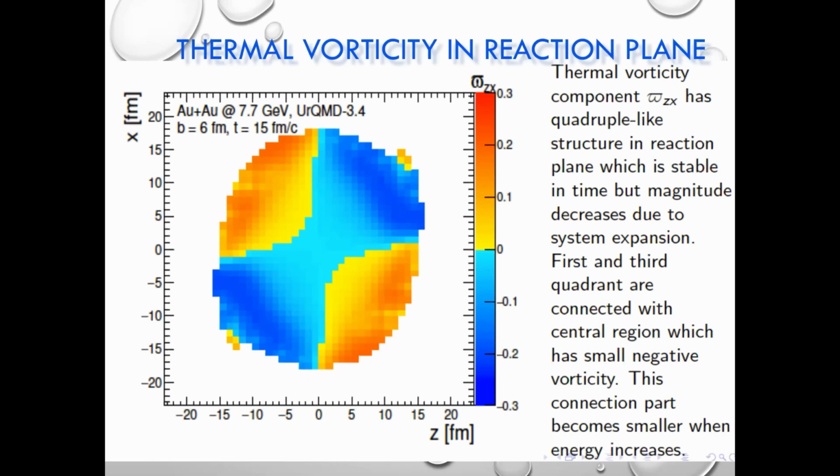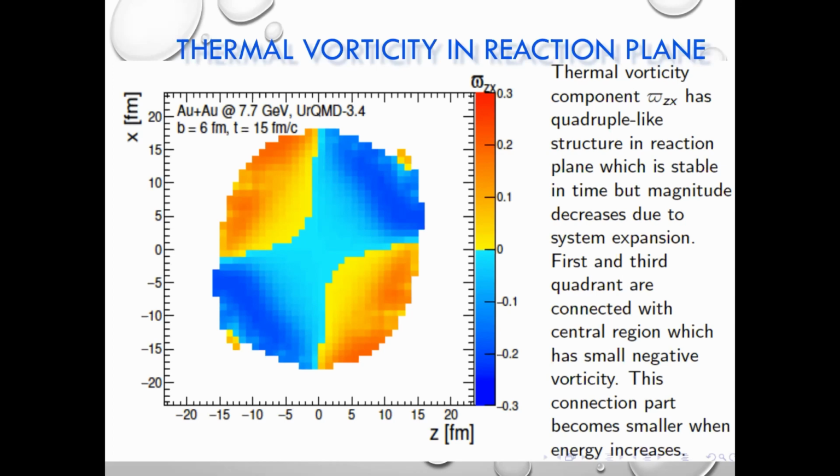For each cell, since in the microscopic model we can trace any particle back to its last interaction point, either inelastic or elastic, it doesn't matter, we can find the area where this particle was emitted, and then calculate the temperature as well as baryon and strangeness chemical potential of this area at the time when the particle was emitted.